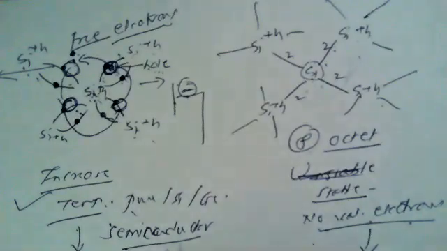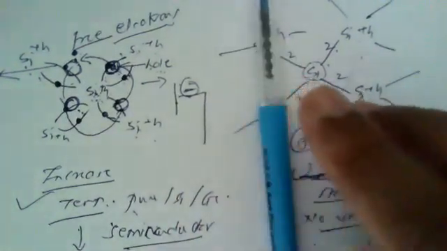Pure silicon or germanium crystals do not have any free electrons, because all four valence electrons are engaged in forming normal covalent bonds with the surrounding silicon atoms, and hence no free or mobile electrons are there, and hence such materials are non-conductors or insulators.